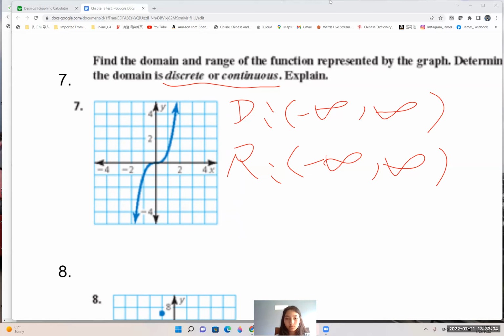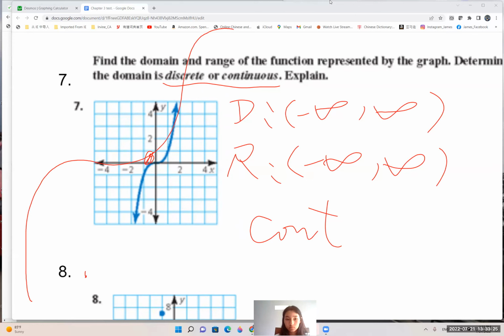Continuous? Of course. If it's a continuous curve without any jump, then it's continuous.